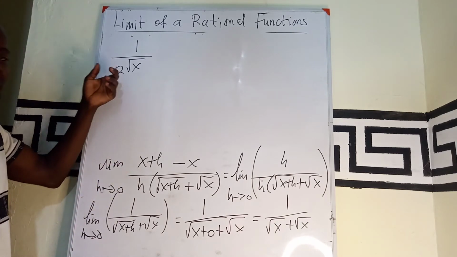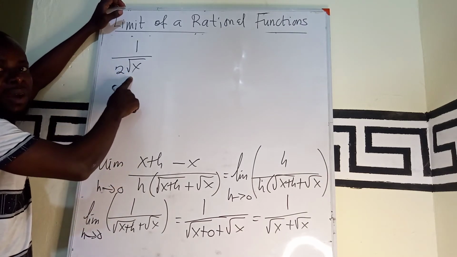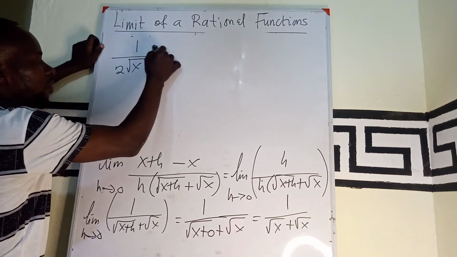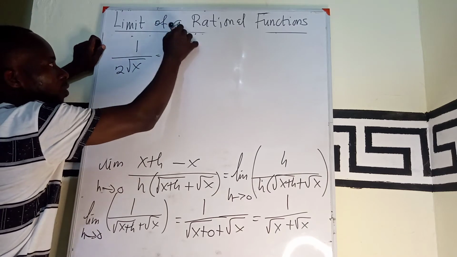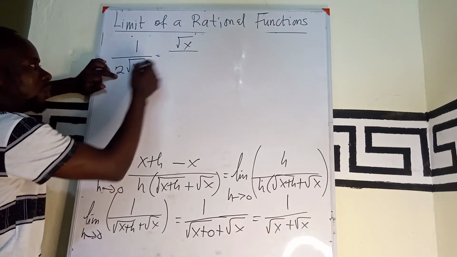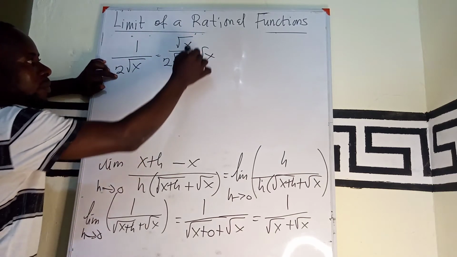But seeing that this is also irrational, we can still rationalize the denominator, meaning we can have 1, which is the numerator, multiplying the root of x, over 2 root x times root x.